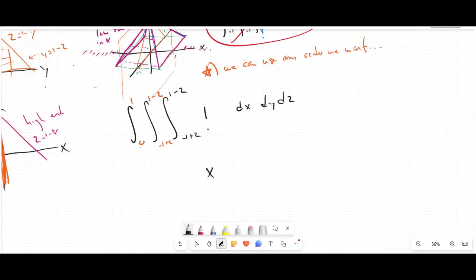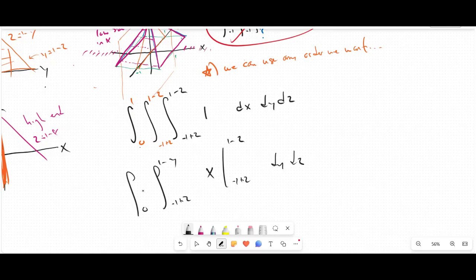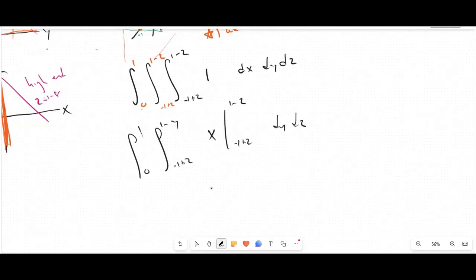Integral in x, one integrates to x. One minus z minus one plus z is negative 2z. One minus z minus negative one. Oh no, it's plus one.